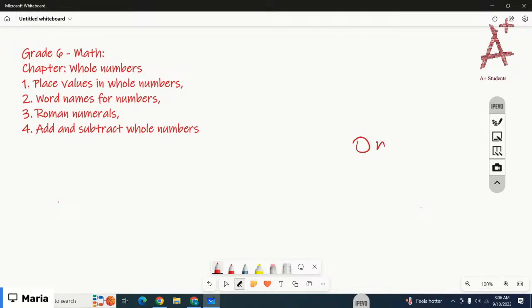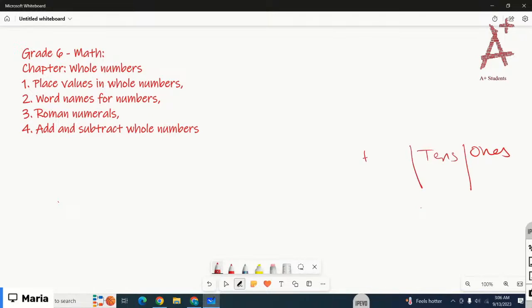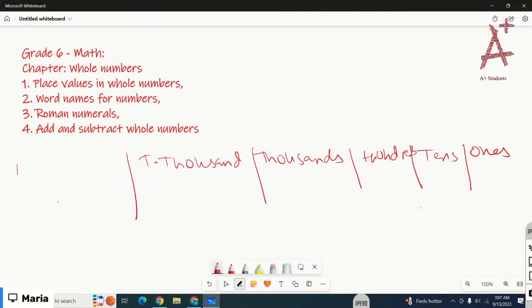Then you have tens, then hundreds, then thousands, then 10,000s, then 100,000s, millions, 10 millions, and 100 millions, right?